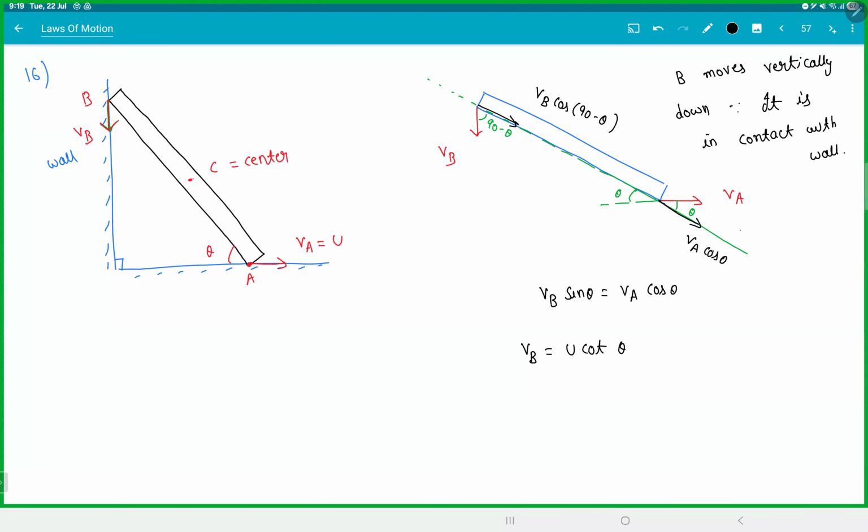Acceleration of B. No, Arya, that is wrong. Try, everyone should give it a try.